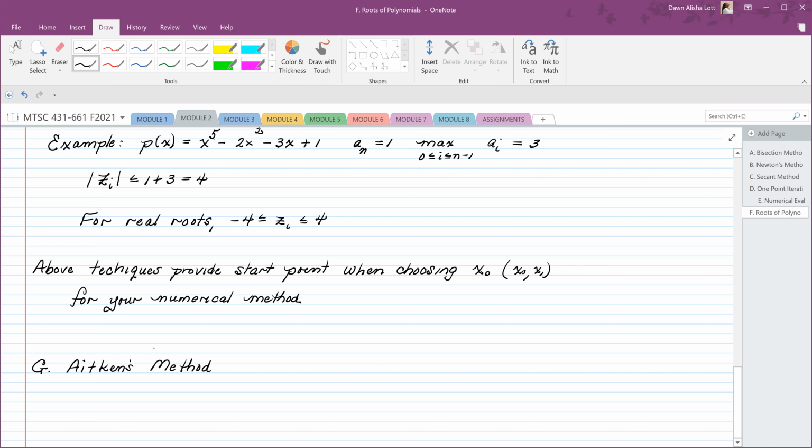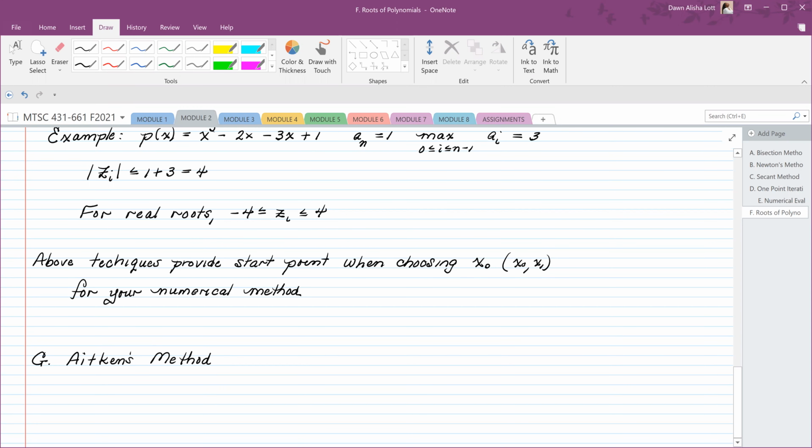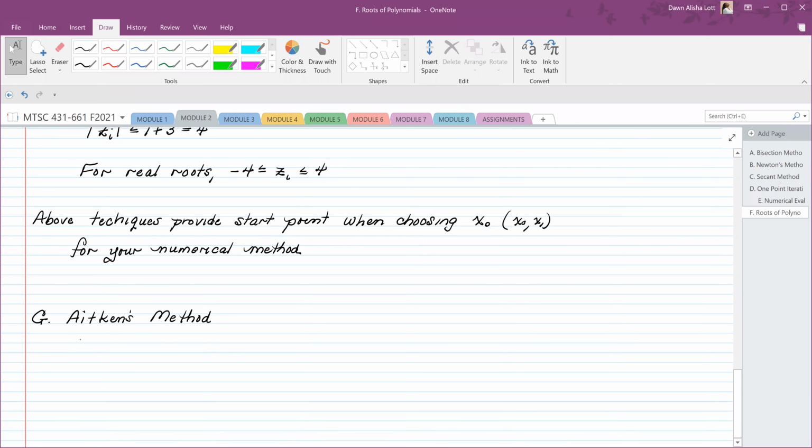Aitken's method is a technique to accelerate the convergence. Then we have Muller's method.